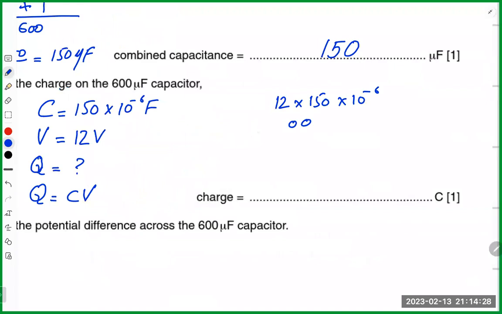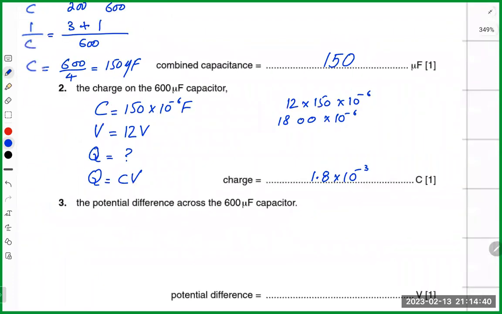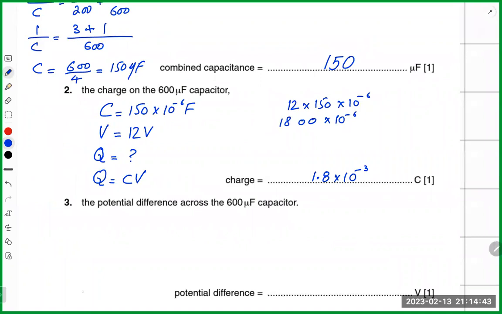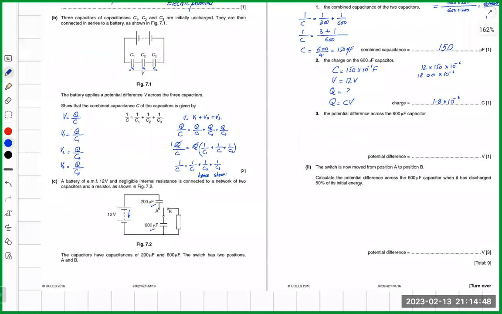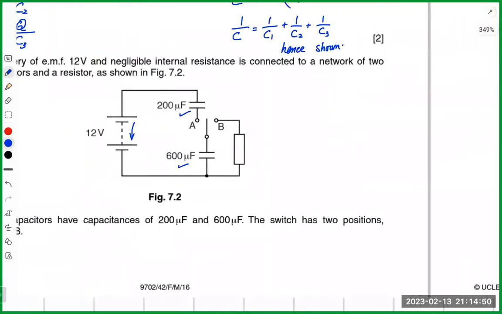So it will be 1.8 into 10 to the power minus 3 coulomb. So that will be the charge that is coming from the battery. That will be the charge on the 200 microfarad capacitor, and that will be the charge on the 600 microfarad capacitor as well. Because in series, all of the capacitors get the same electric charge.